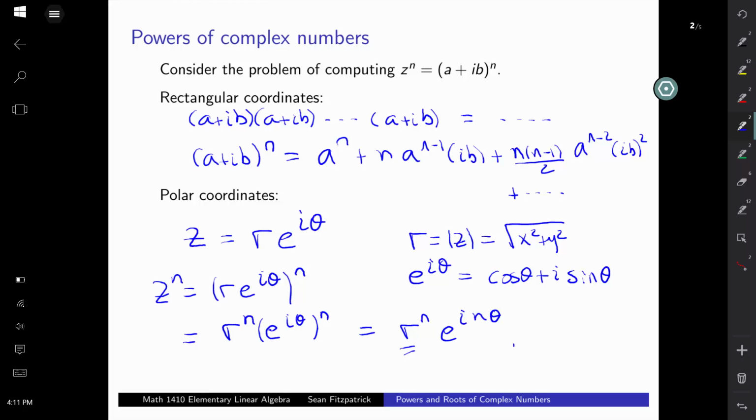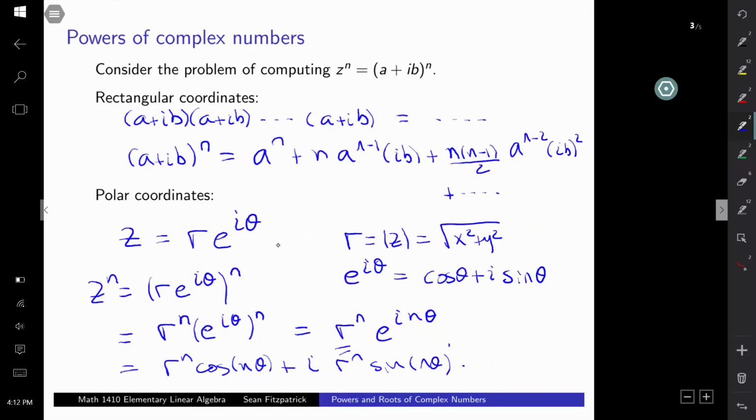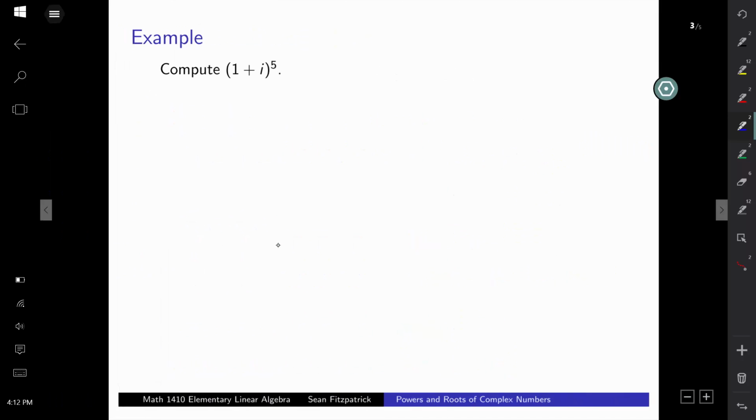If we want to convert back into rectangular form, we can use the Euler identity again and write this as r to the n times cos n theta plus i times r to the n times sine n theta, and we're back in rectangular form. In many cases, this method for computing powers is much, much easier than working with rectangular coordinates.